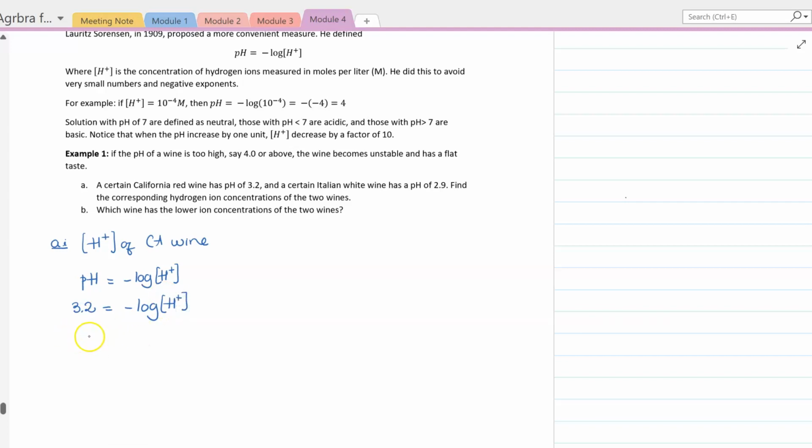Here we had a negative, so let's multiply both sides by negative 1. So negative 3.2 equals log of H. Then H is equal to 10 to the negative 3.2.